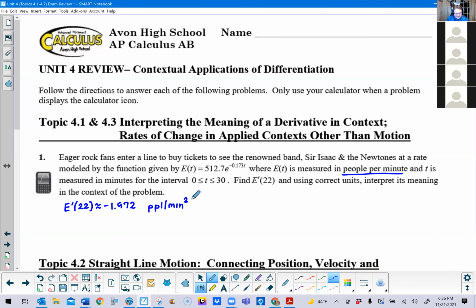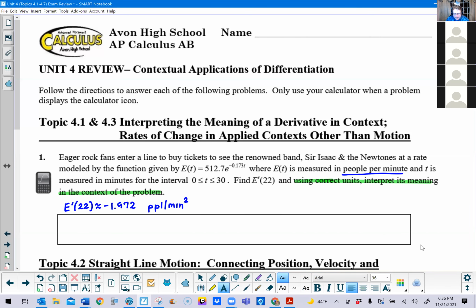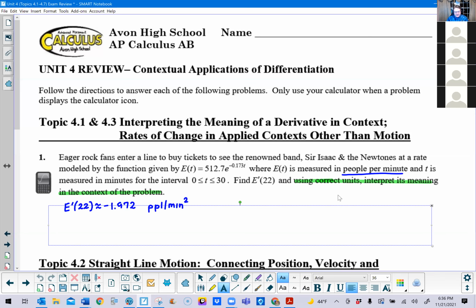Now, the tricky part, the part that asks us to use correct units, interpret the meaning in the context of the problem. And what I'm going to do here, I'm going to see if I can type this instead, because I can do it a lot faster and not run the risk of messing up my computer and making it think too much here. So I'm going to make a font here that's somewhat readable, maybe 16 will work.